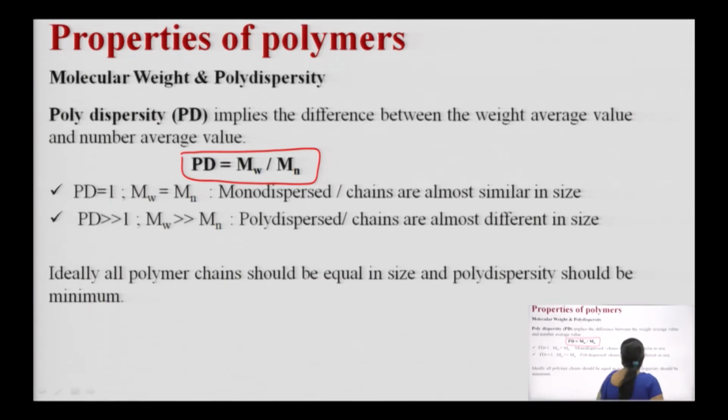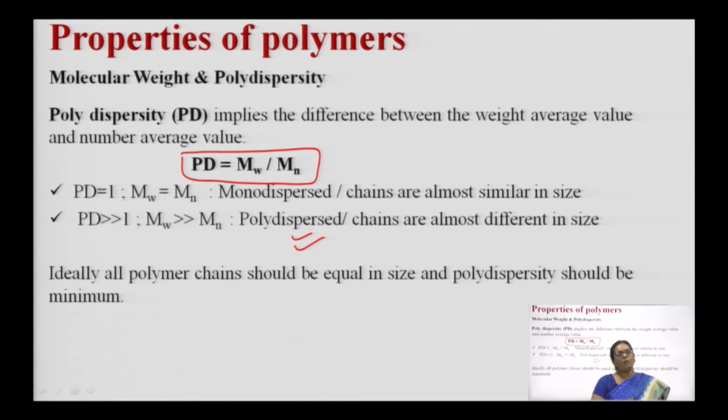If this polydispersity index is greater than 1, that implies that the weight average is greater than the number average, and the system is called a polydispersed system. And this simply implies that this sample of polymer has chains of different sizes in it.